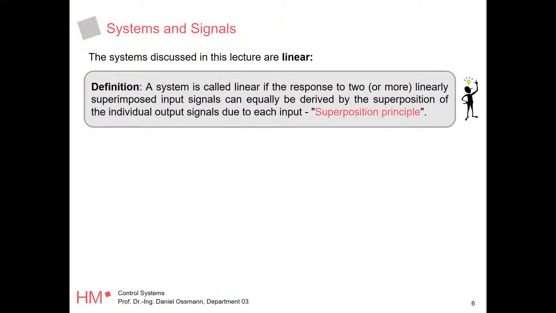Okay. So this is the definition which you can read in a textbook. A system is called linear if the response to two or more linearly superimposed input signals can equally be derived by the superposition of the input-output signals due to each input. And this is the superposition principle. Okay, so what does that even mean?